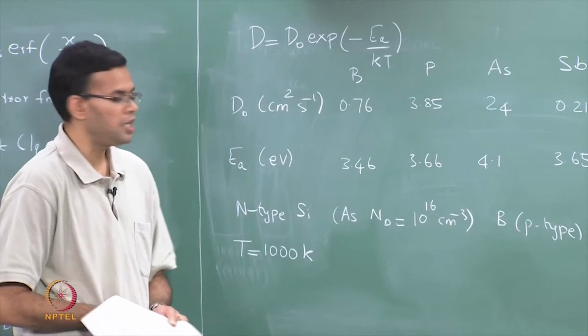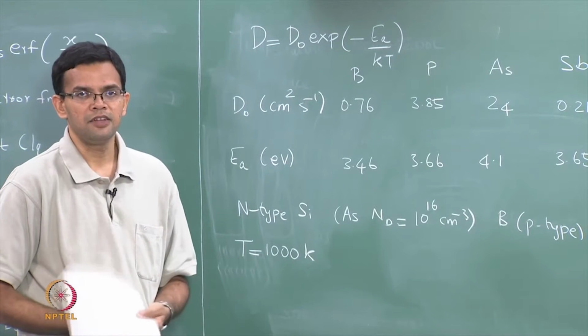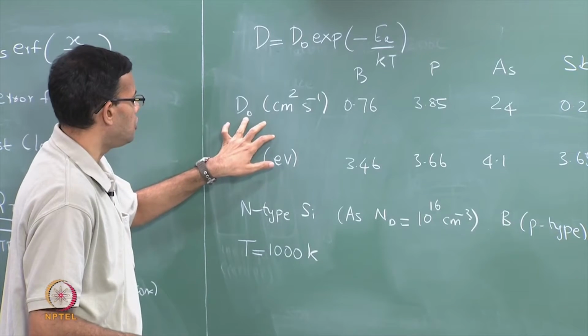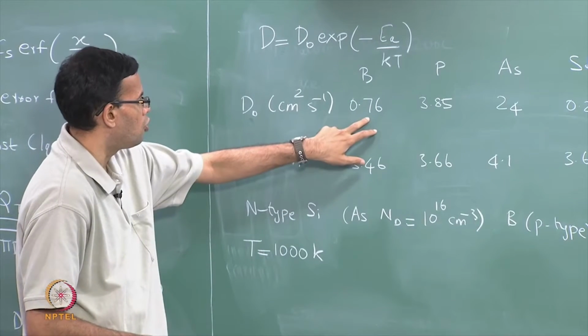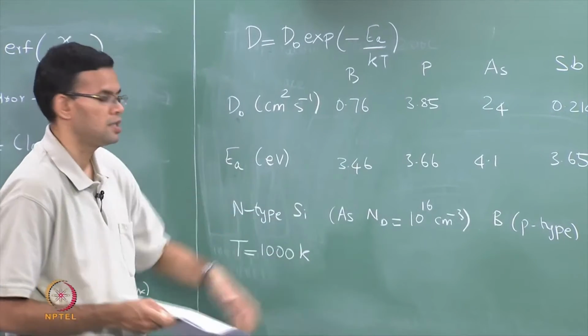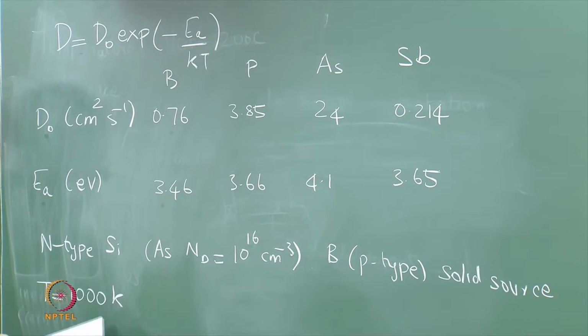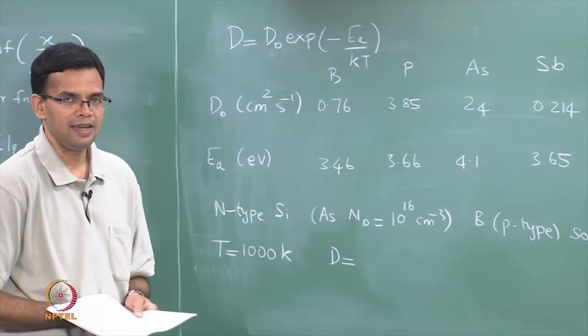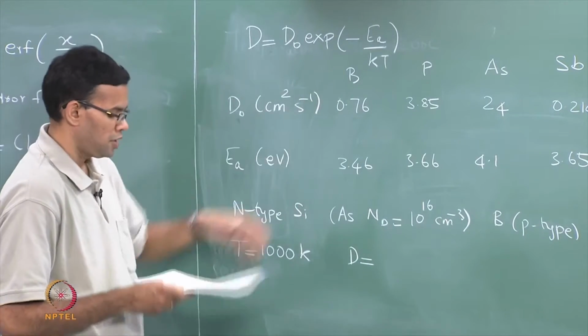So the first thing we need to do is to calculate the diffusion coefficient of boron. We have the values for D naught and EA. For boron it's 0.76, EA is 3.46. The diffusion coefficient D can be calculated using this expression.